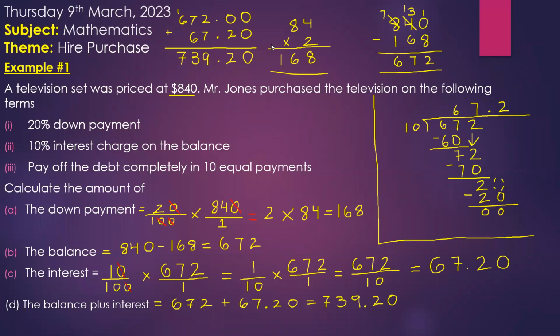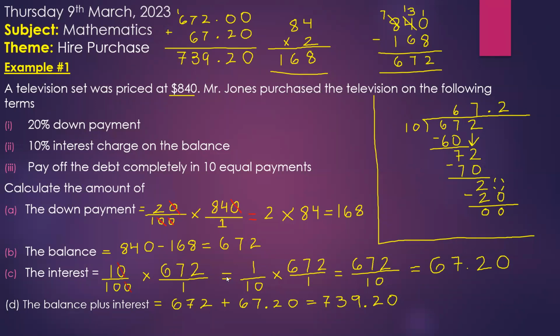I think she's on C, right? Alexandra, can you help her? Explain C, please, the interest. The interest is 10 over 100 times 672 over 1.